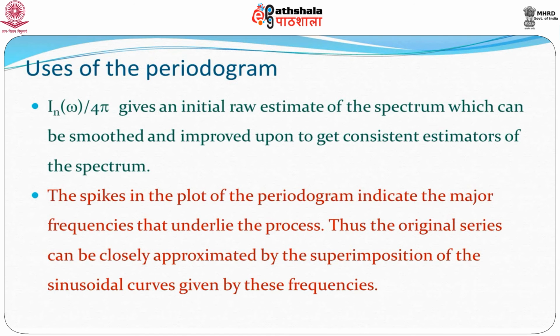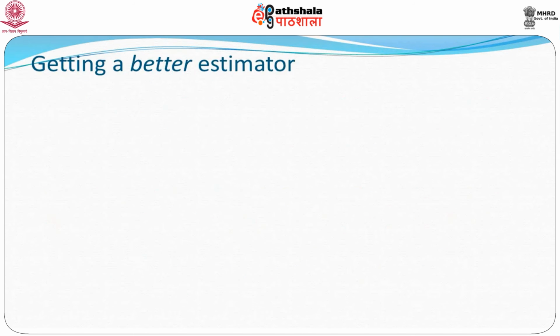That means you pick up the major frequencies, the frequencies that contribute the most to the variability, that is wherever you have a large ordinate, and then you build up very smooth curves corresponding to these frequencies. If you superimpose these curves using the Fourier coefficients, then you are going to come very close to the original underlying process. That is how you can rebuild xt given the periodogram.